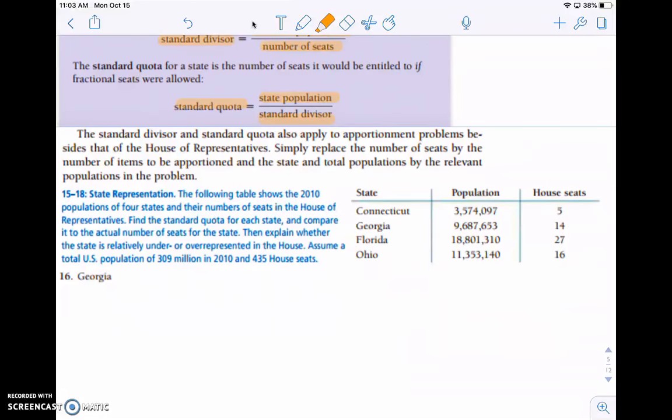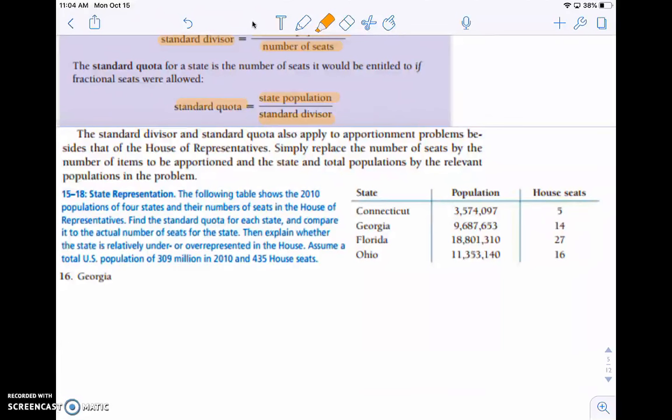So the standard divisor and the standard quota also apply to apportionment problems besides the House of Representatives. And so we'd simply just replace number of seats by the number of items to be apportioned to a state, and total population by relevant population.